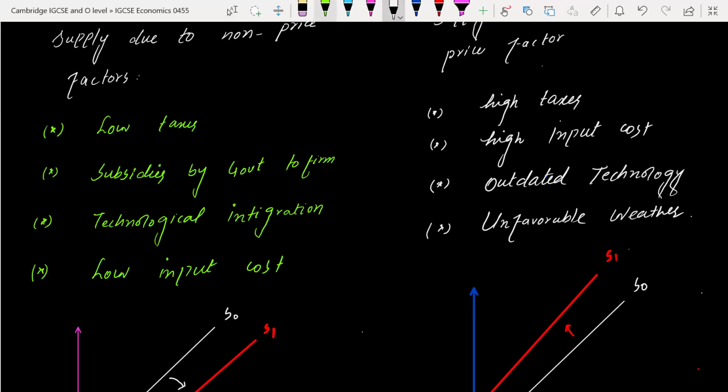Due to these reasons, the supply will decrease.